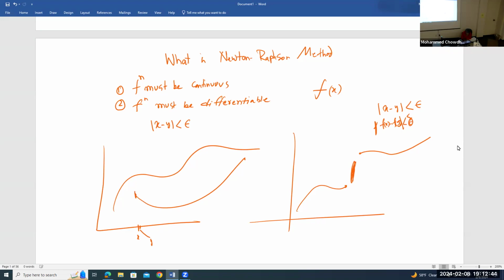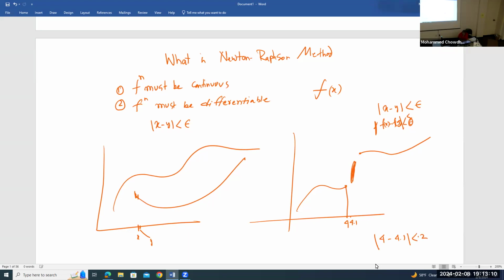Then the distance between f(x) and f(y) is also very small. On the other hand, suppose this is equal to 4 and that is 4.1. So 4 minus 4.1, that difference is very small, less than 0.2, right?